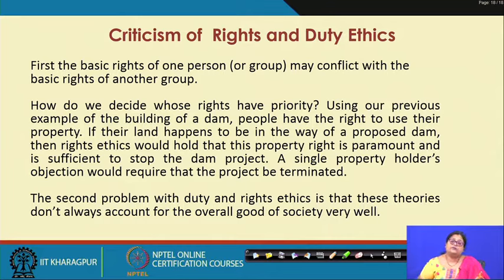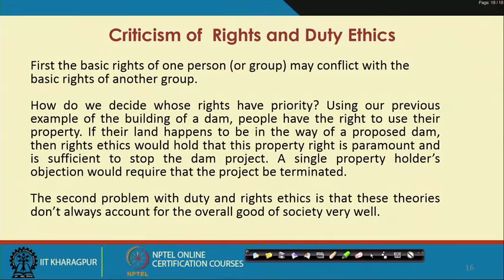So, how do we prioritize over it? When this comes in, the next question will be about the justice, fairness of distribution, fairness of process. If we are prioritizing the dam as more important, and we are somewhat not prioritizing the right of the property for the person, then the person needs to be properly compensated for the loss of the property.